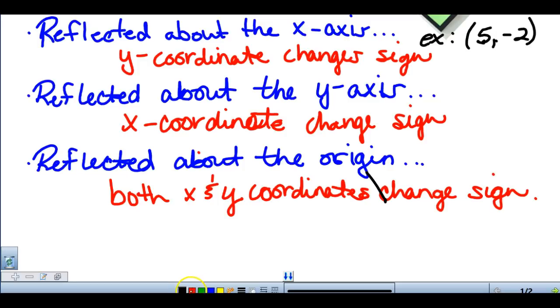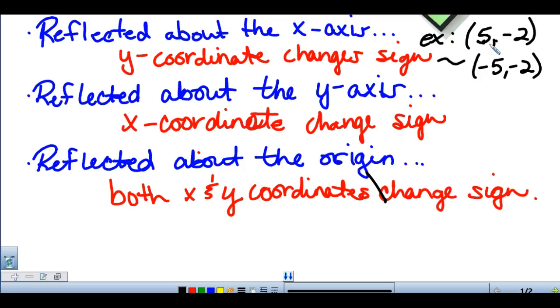Okay, so to represent that change, we do a little squiggly, and then 5, 2. Okay, and that means the original ordered pair 5, -2 was transformed, and now it's 5, 2. And we now know that the transformation that occurred was a reflection about the x-axis because the y value was the only value that changed sign.